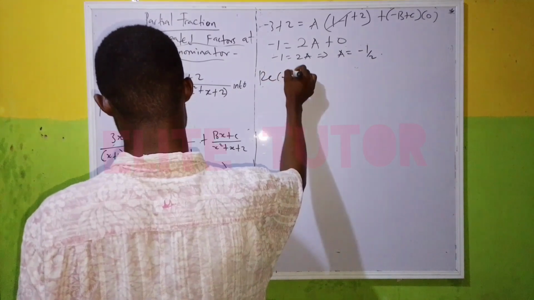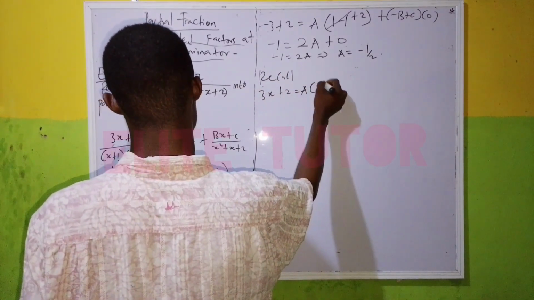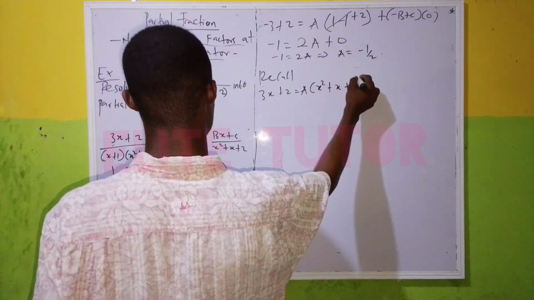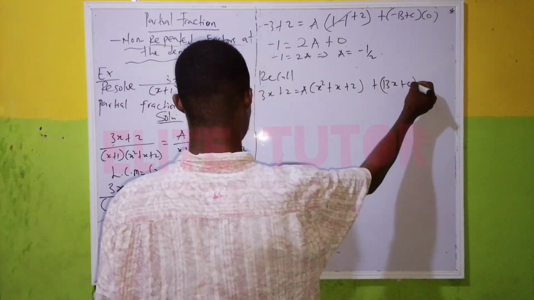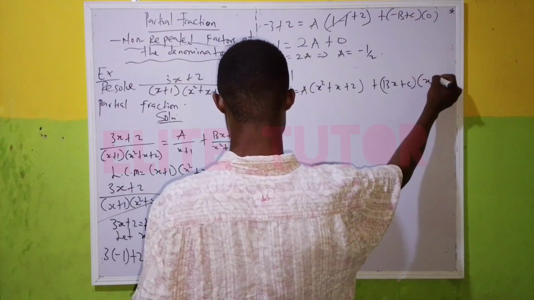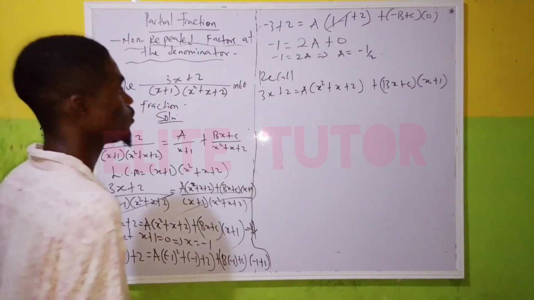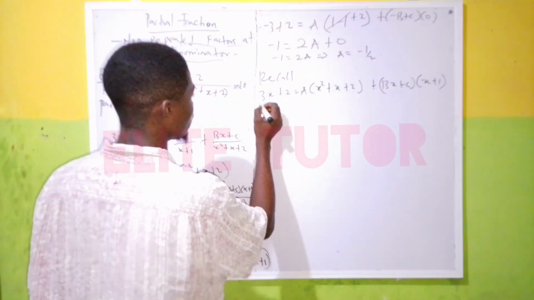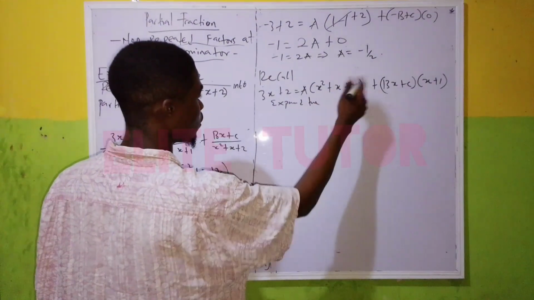Because we are having 3x + 2 equals A into (x² + x + 2), plus (Bx + C), then plus (x + 1). So what are we going to do here? Now, this is what you are going to do. You expand the right hand side.